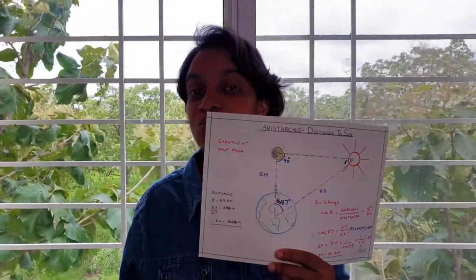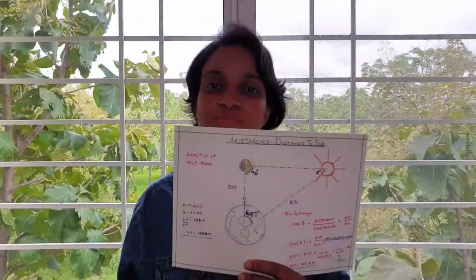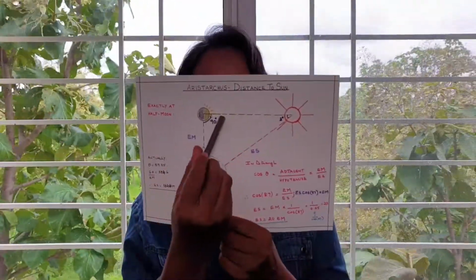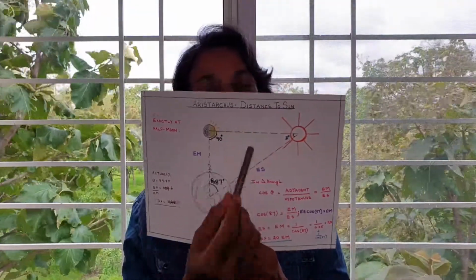And Aristotle did that, Eratosthenes did that, as we have already seen in the previous videos. And now we are going to see how Aristarchus used the shadows of the moon and his knowledge of the phases of the moon to calculate the distance to the sun from Earth.